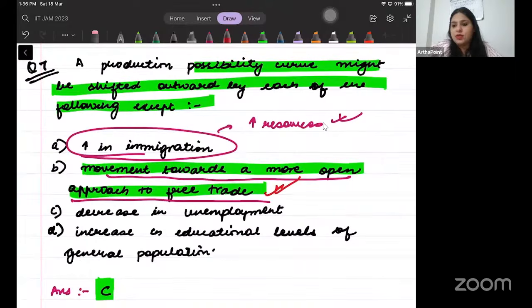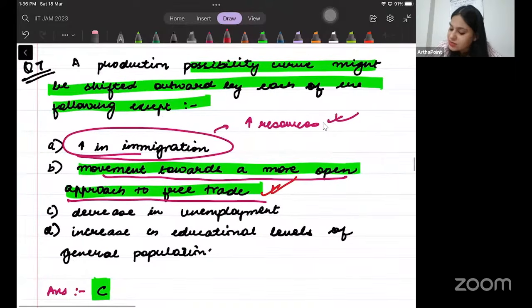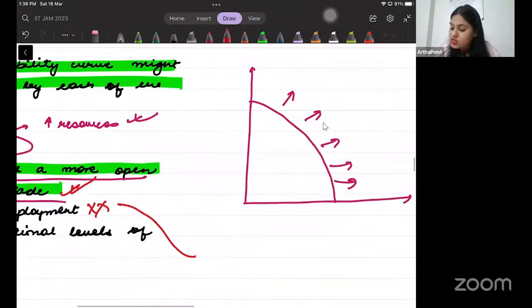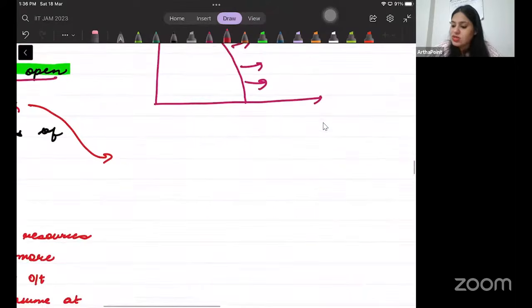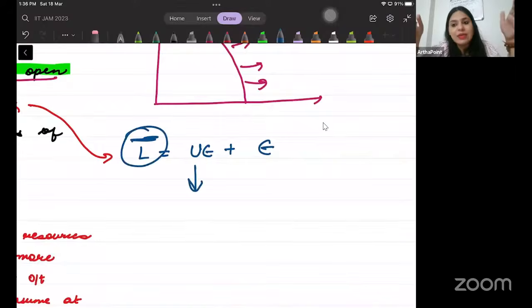Decrease in unemployment. This is incorrect. Why? Because this is not changing my labor force. My labor force is intact. My labor force is just unemployed plus employed. Now, if you decrease unemployment, it does not change the labor in my economy.